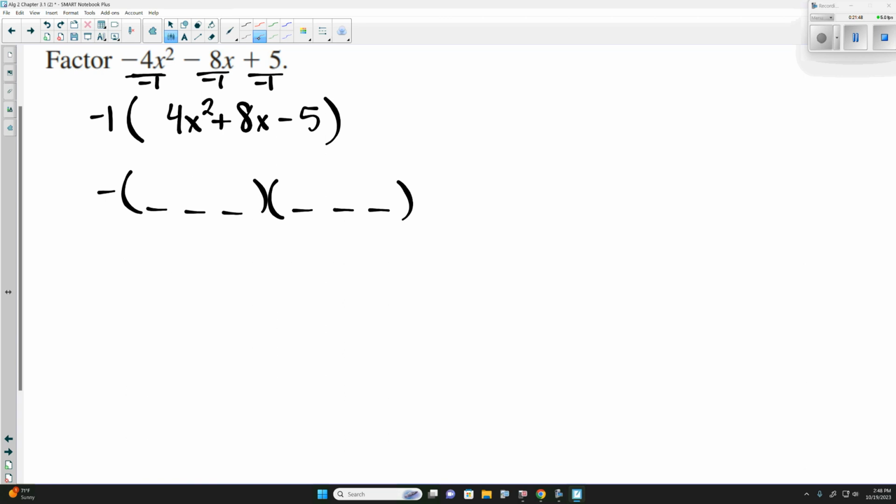But from here, all the rest of the steps work. As our second step, we have 2 sets of parentheses with 3 spaces. Step number 3, to find the signs. If the third term is negative, the signs are opposite. One's going to be positive, one is going to be negative. If the third term had been positive, the signs would have been the same.